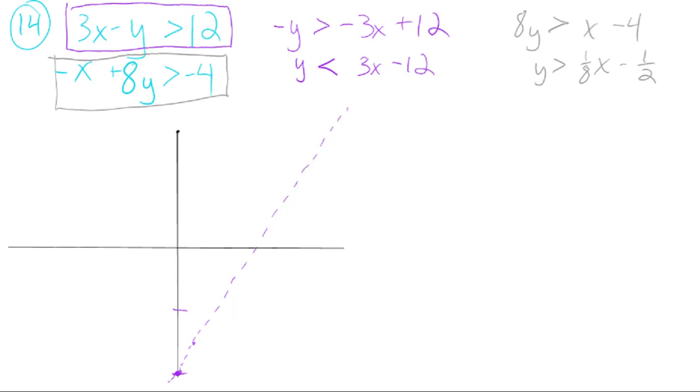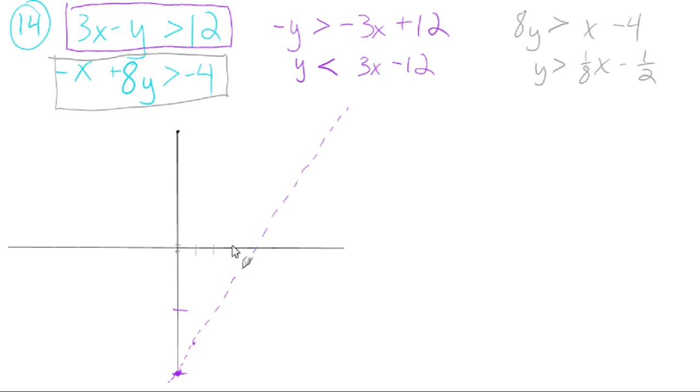And the gray one. Y-intercept of negative 1/2. Okay, so this would be 3, this would be 1, so 1/2 would be right in there. And the slope is 1/8, so up 1, which would put us at positive 1/2, and over 8, so this one we made 1.